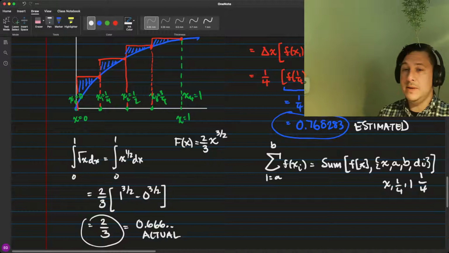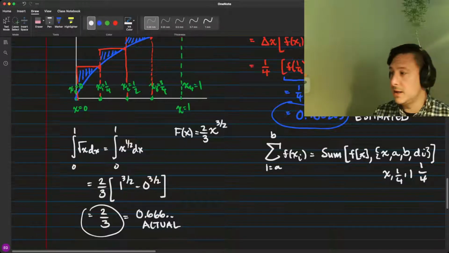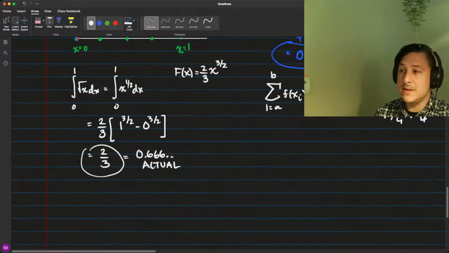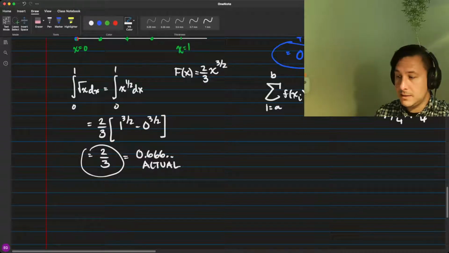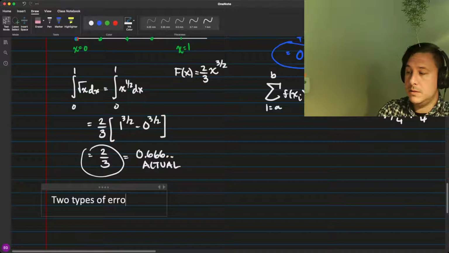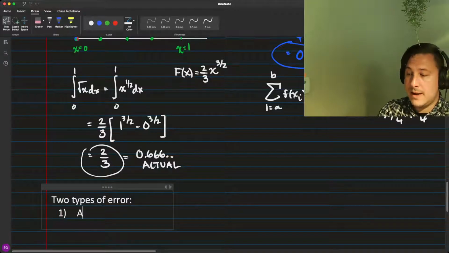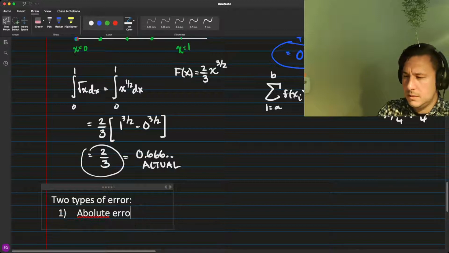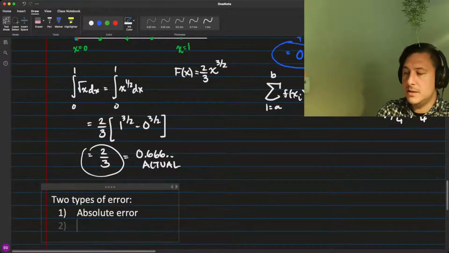But we need to talk about the error that we encountered here. There are two types of error. There is absolute error, and then there's relative error.